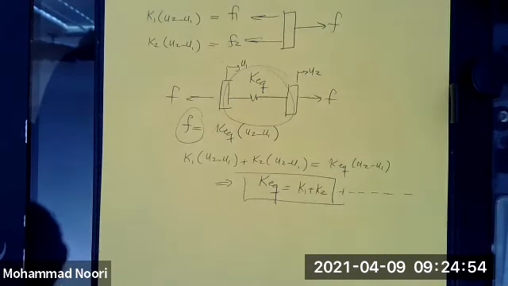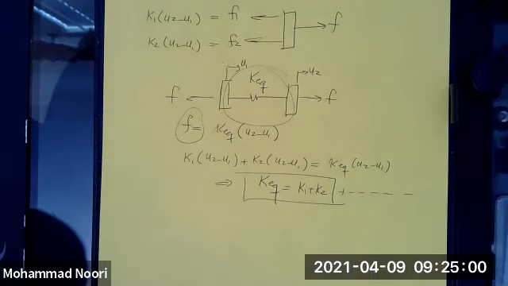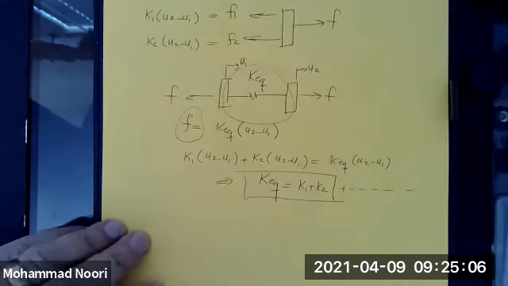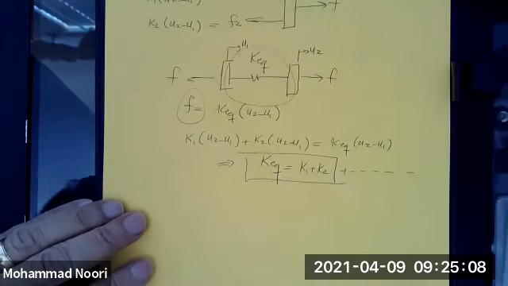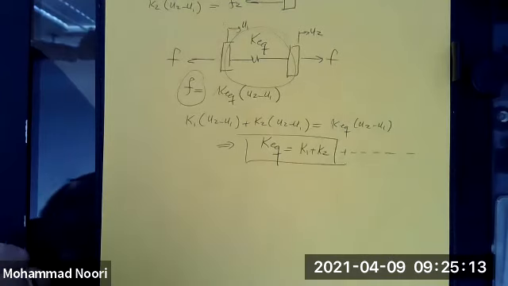It is important to pause a little bit and think about the importance of detecting if you have the stiffnesses in a structure, stiffness components, in parallel or in series. And let me show you why it is important.